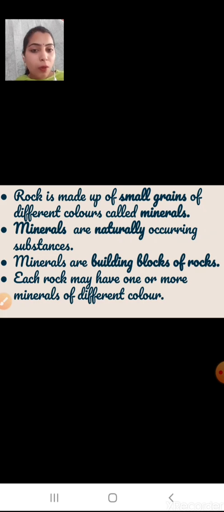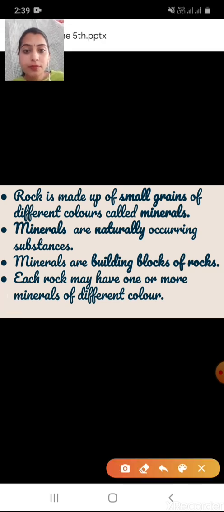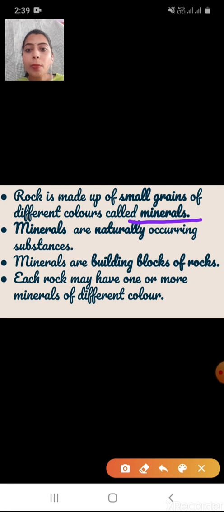Rock is made up of small grains of different colors called minerals. Whenever you see a rock through a magnifying glass, you will come to know that a small rock or a big rock or a stone is made up of small grains of different colored material.